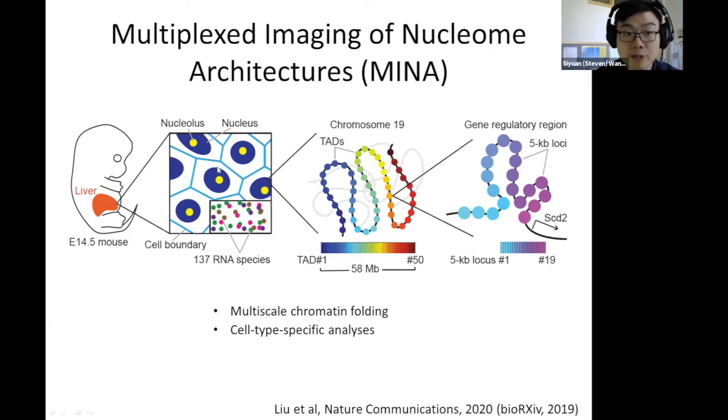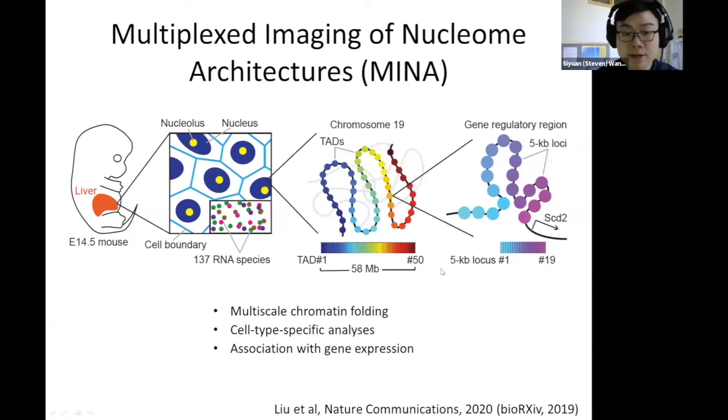And we also image the cell boundary in order to segment the cells and get the single cell RNA expression profile. And next, to study the association between gene expression and chromatin organization, besides the 55 cell type marker genes, the other genes are genes along chromosome 19. And we can see how gene expression level changes are associated with changes in chromatin folding at all these length scales.